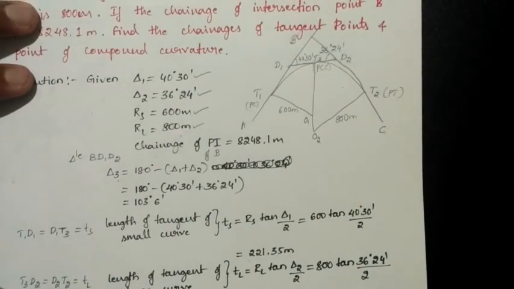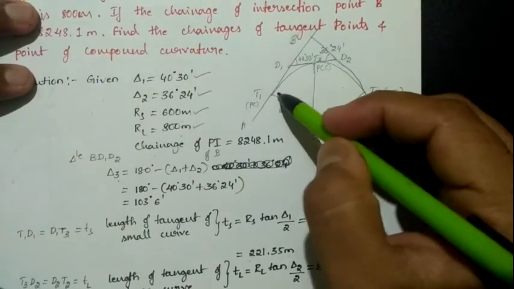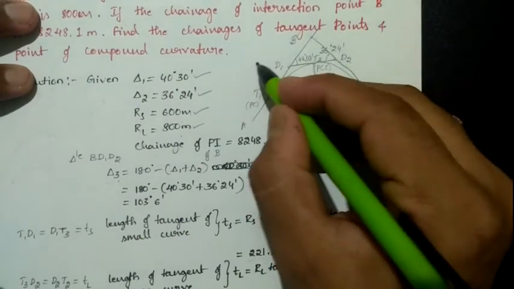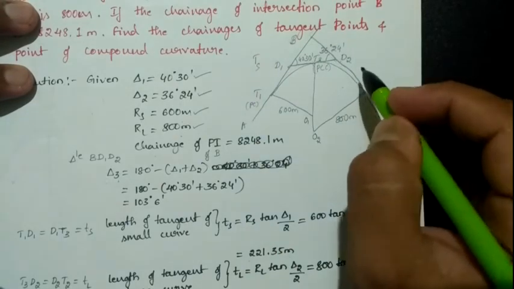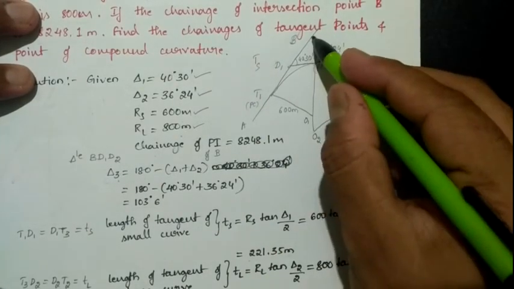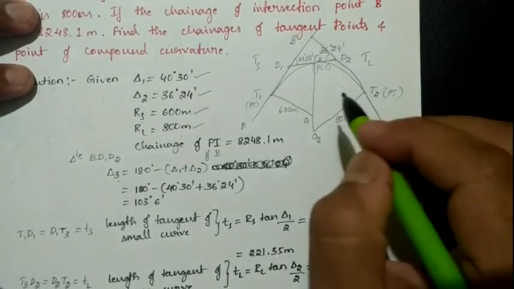Now we need to calculate the length of D1B and D2B. Why we need to calculate these is, if I see the compound curve, the total length from T1 to B is taken as capital TS, and B to T2 is taken as capital TL.